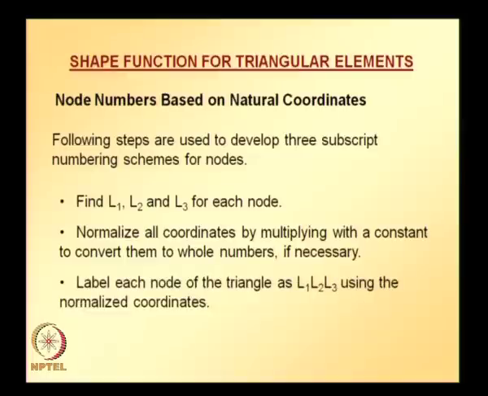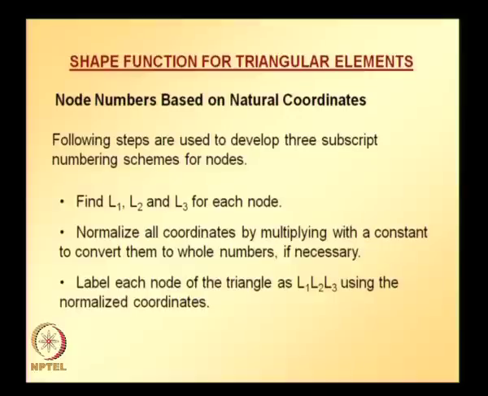Then label each node of the triangle as L1, L2, L3 using the normalized coordinates. To understand these first 3 steps, let us take 2 examples before we proceed further with this procedure of deriving shape functions for triangular elements.